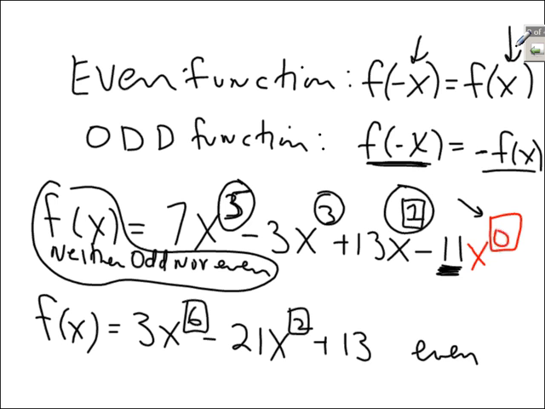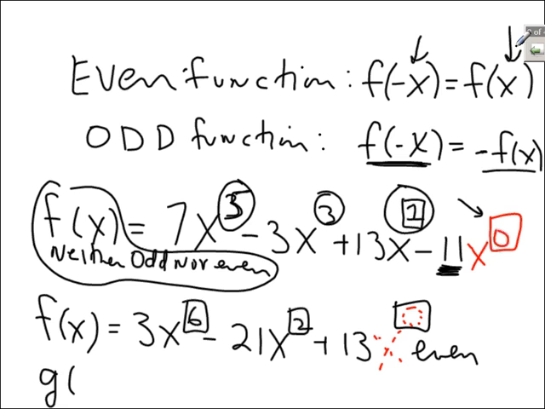And it's not just because what I boxed are all even numbers, but when I add in the missing one, the understood one, that is x to the 0, 0 is even.